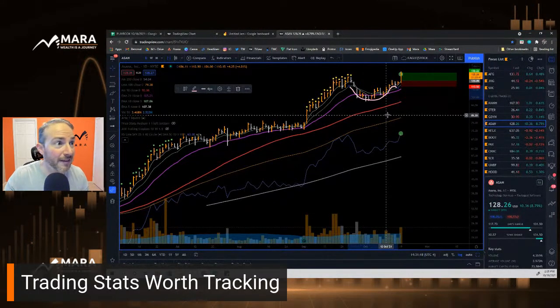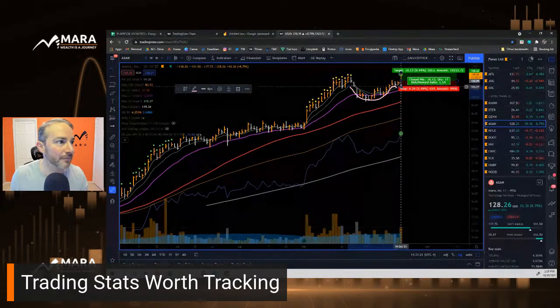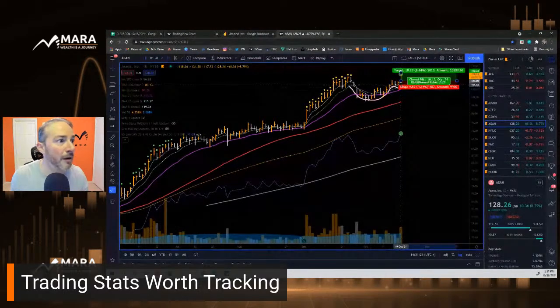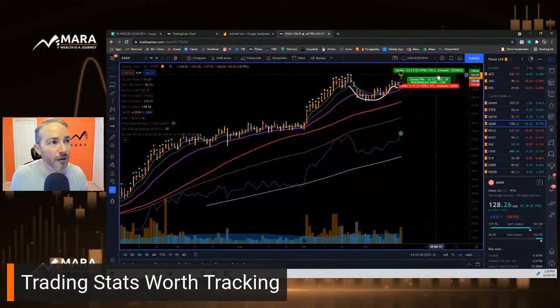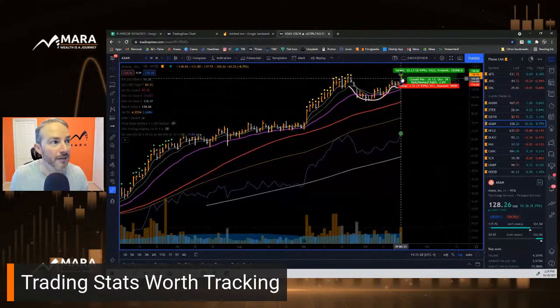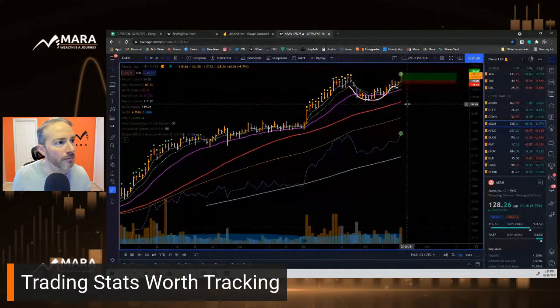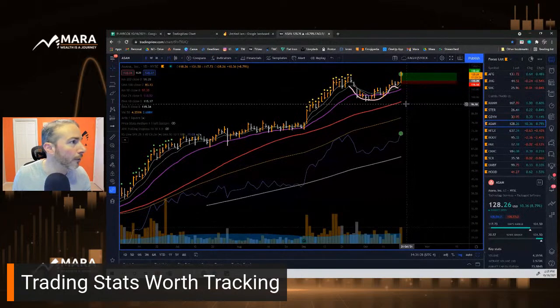It's just up this amount of R. If you tightened up your risk and this is a 3R trade, it also helps you figure out where you should start to take profits, where you should lock things in.